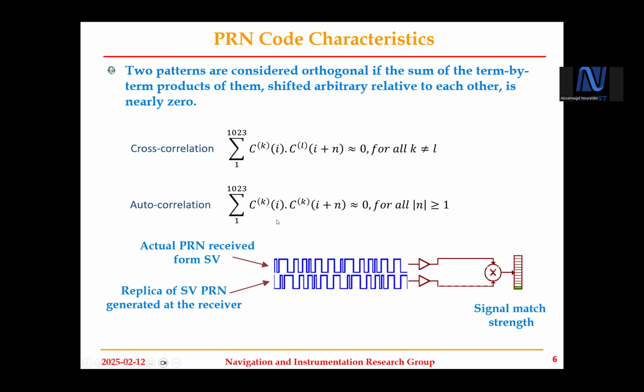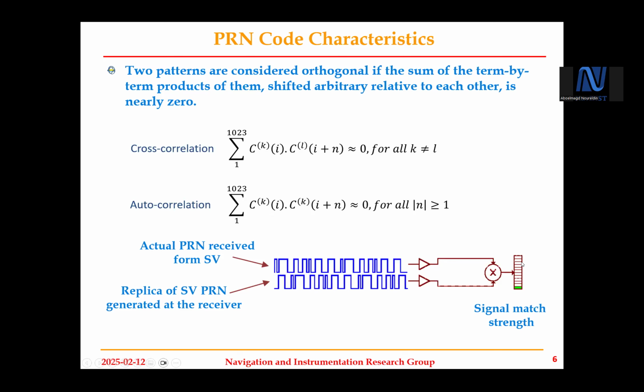We generate a local replica of the same expected signal, or the code, I mean, and we exploit this other important feature, which is the autocorrelation. The code correlates strongly with itself only when perfectly aligned in time. So if we take one code for satellite K and another version of that, if you look at this, it might help here.